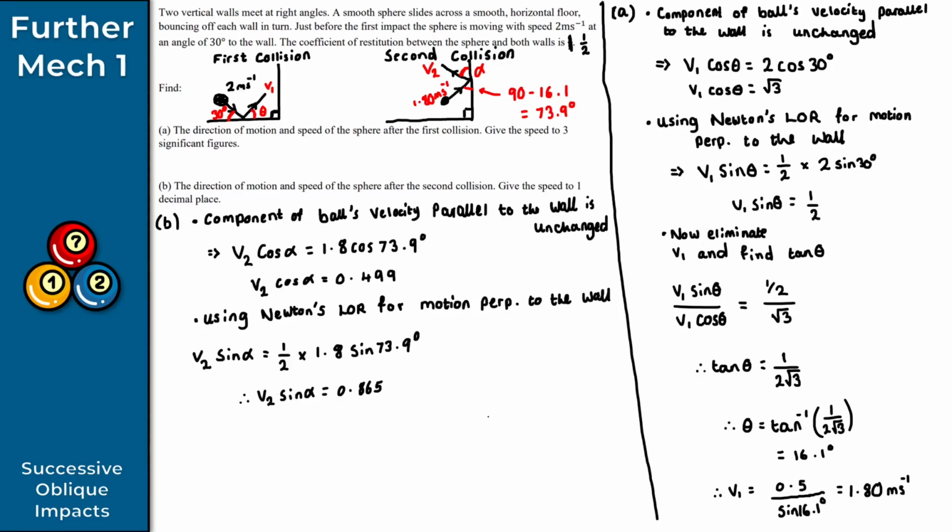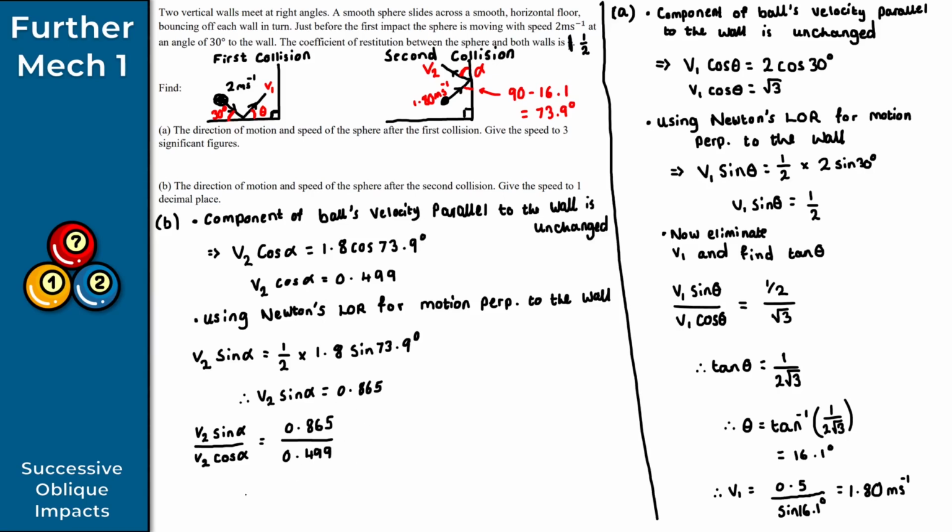So again, v2 sine alpha all over v2 cos alpha is equal to 0.865 all over 0.499.